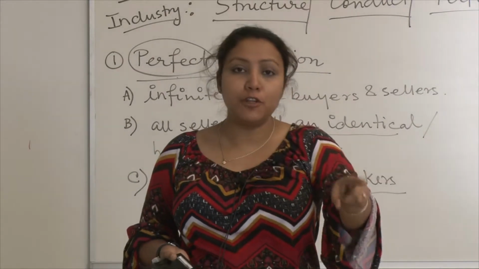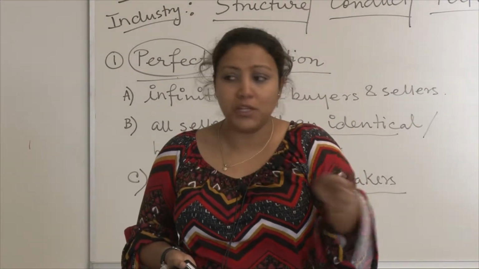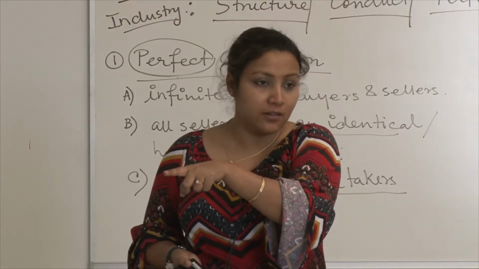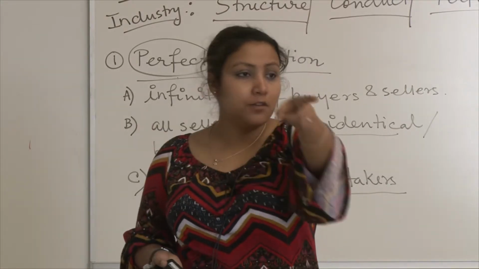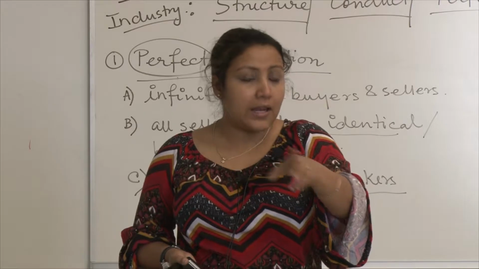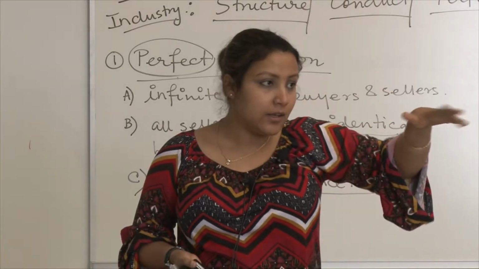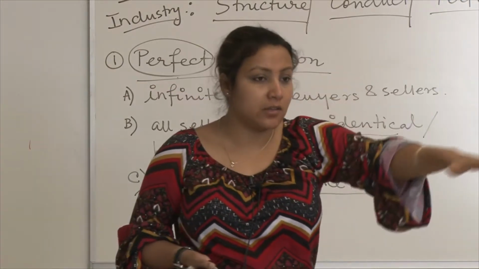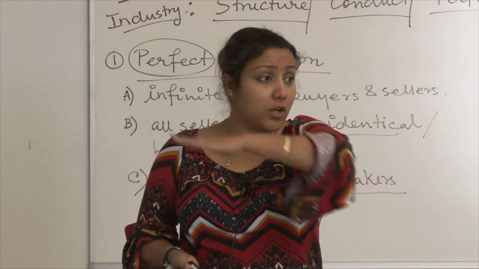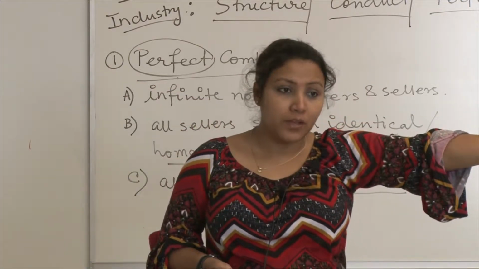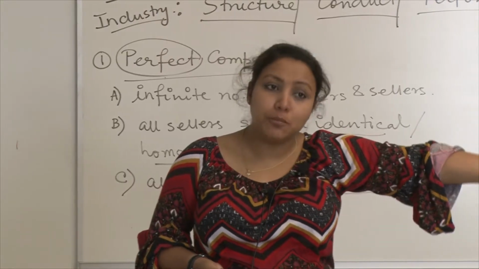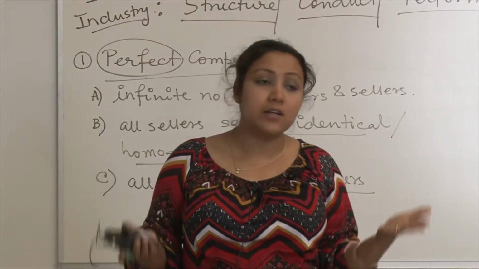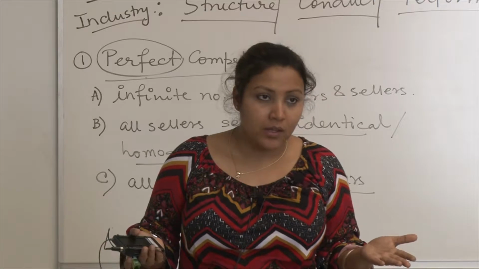So, you are left with no other option but to sell it to me at the price that she is selling. Similarly for somebody else, right. And if there is one person who wants to undercut and sell at a lower price, then everybody else has to follow that same price, because otherwise all buyers will rush to that seller who is selling it cheaper. So the sellers are basically powerless in this market.